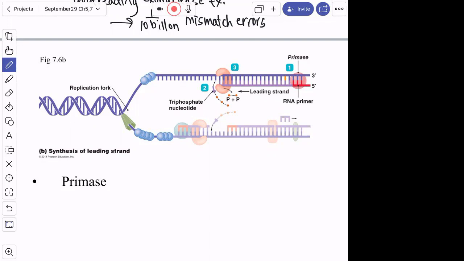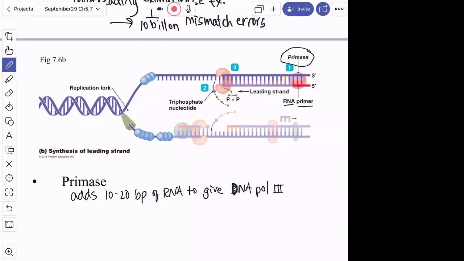So another enzyme has to come in called primase that adds an RNA primer, a short 10 to 20 base pairs of RNA, to give DNA polymerase 3 a 3' hydroxyl group to start.